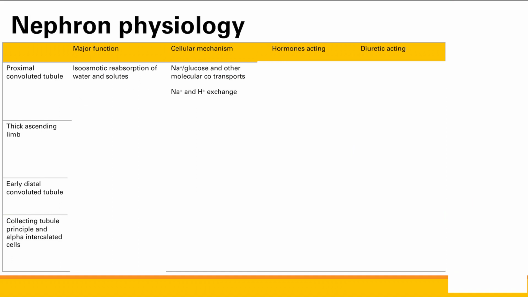Okay, the hormones that act at the proximal convoluted tubule, what are they? Do you remember? Hormones that act were PTH. PTH blocks that sodium phosphate co-transport, thus decreasing phosphate reabsorption and serum phosphate levels. And then angiotensin II. How does that work? Remember, that stimulates that sodium H+ exchange, and that is going to enhance the sodium bicarb reabsorption.